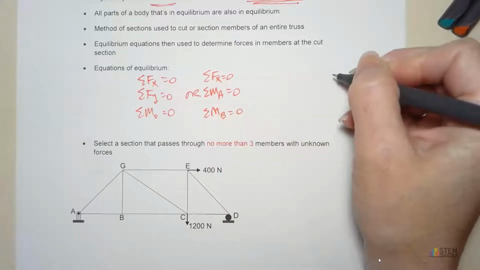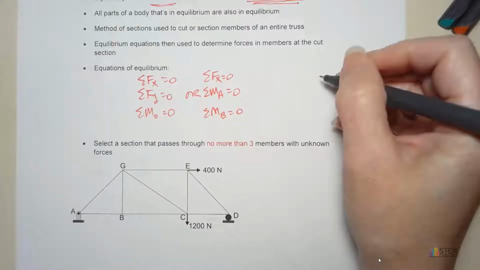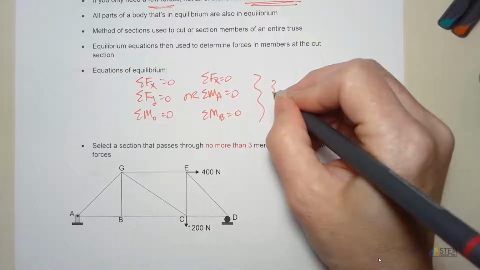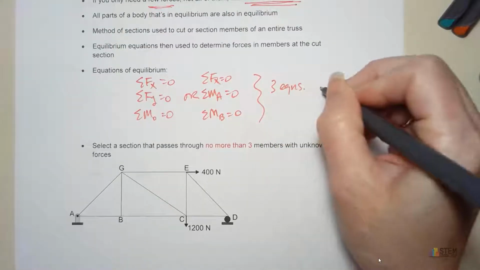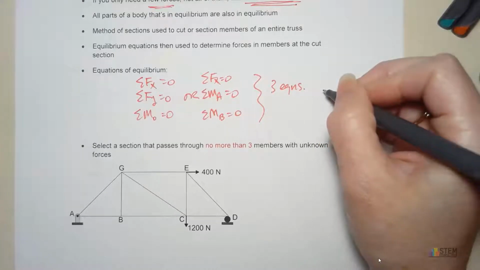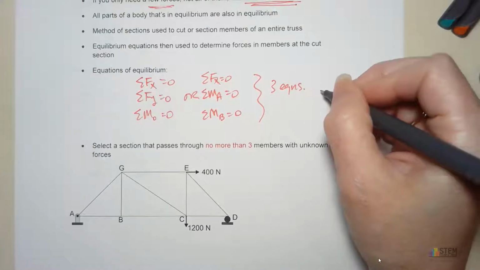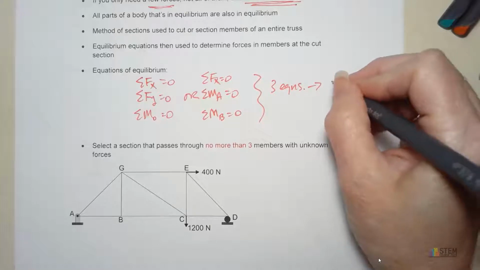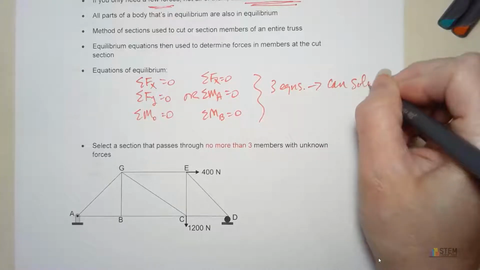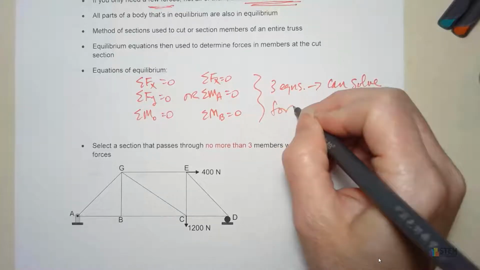Set those equal to 0. Either way, you have 3 equations. How many unknowns can we solve with those? Hopefully you said 3. All right, so we can solve for, at most, 3 unknowns.